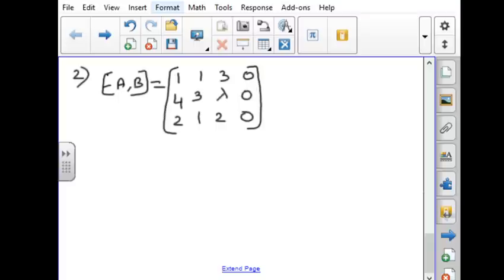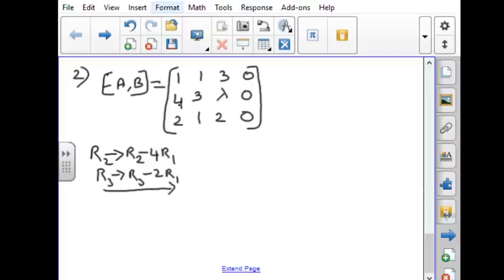So now first we have to bring this to echelon form. So to bring to echelon form, we have to make this element 0 and this element 0. R2 we take as R2 minus 4 R1, to make this as 0, and R3 can be taken as R3 minus 2 R1, as 2 minus 2 is 0.